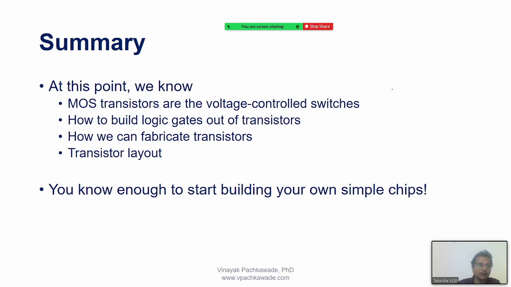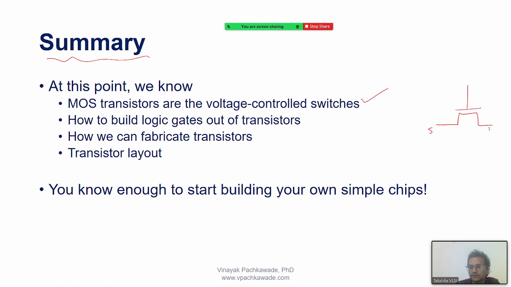So the summary of this would be, at this point we have seen and learned how MOS transistors are acting as voltage controlled switches. Why are we calling them voltage controlled switches?